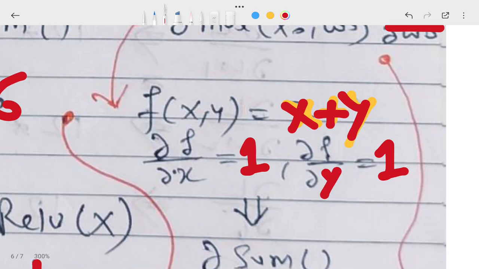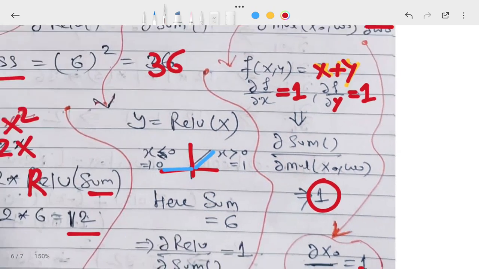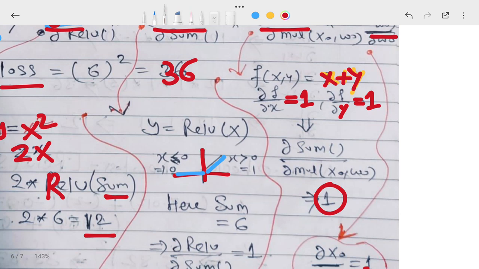So df upon dx is equal to 1, and df upon dy is equal to 1. Even if you differentiate with respect to x or with respect to y, we are getting 1 every time. So this part I skip in my program.